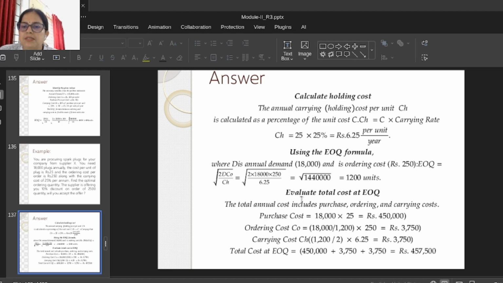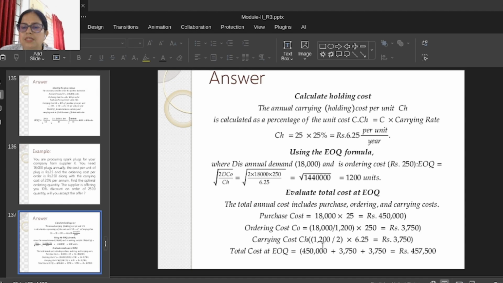So based on EOQ, what do we need to do? We need to calculate the total cost. Total purchasing cost we will calculate first, that is 4 lakh 50,000. Then ordering cost, that is D by Q into CO, that is 3,750.